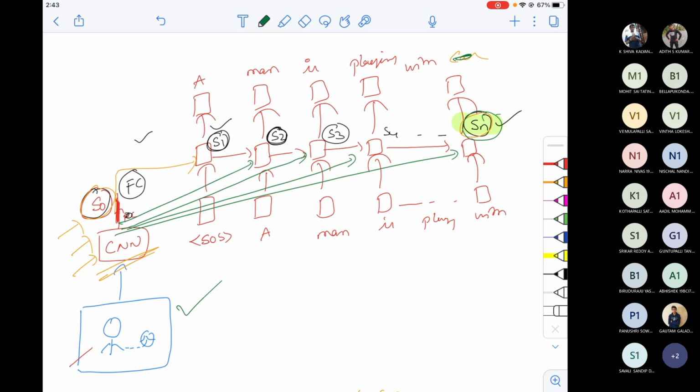Whatever understanding my system has with CNN is directly given to the RNN, so it can generate an appropriate word at that particular state. So this is a scheme that we can think of to address the previous problem.